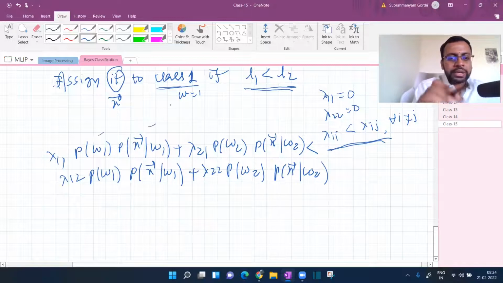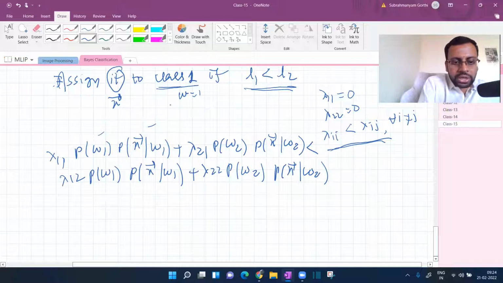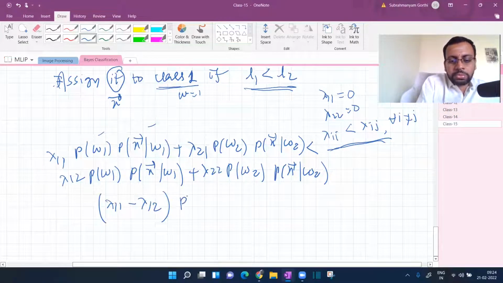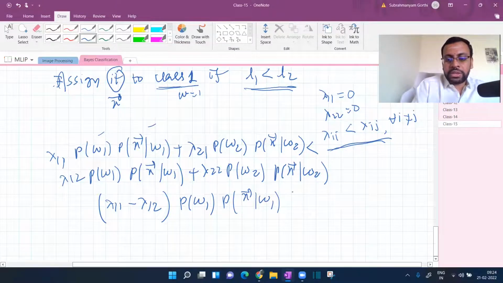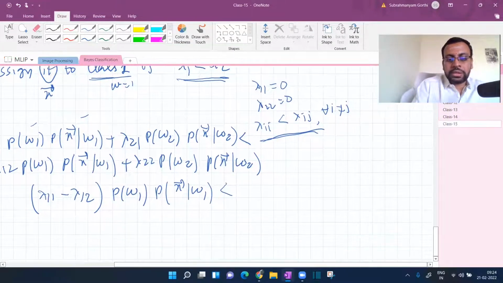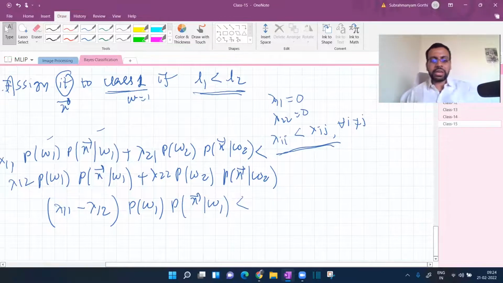similar probability terms here. So you could see these two are the same, just below this. So I would take them to one side. So can I write this as lambda 11 minus lambda 12 into probability of omega 1 into probability of x bar given omega 1 is less than, I want to take all the other probability terms on the other side.